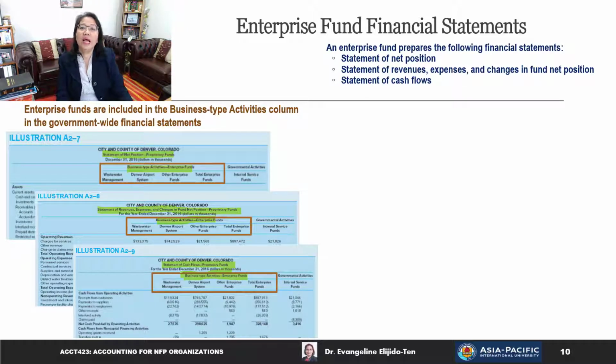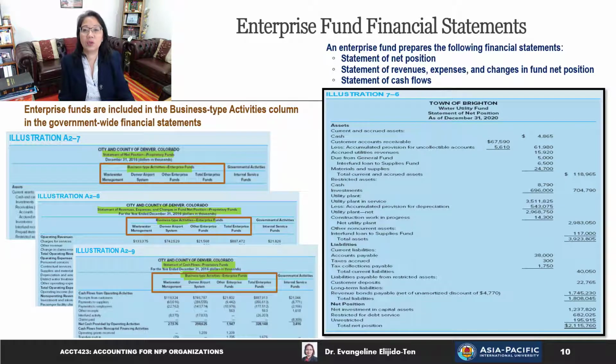An enterprise fund prepares also the following financial statements: the statement of net position, which is equivalent to the balance sheet; statement of revenues, expenses, and changes in fund net position, equivalent to the income statement; and the statement of cash flows. So for the water utility fund of the town of Brighton, as you can see in illustration 7-6, we are provided an example of the statement of net position.